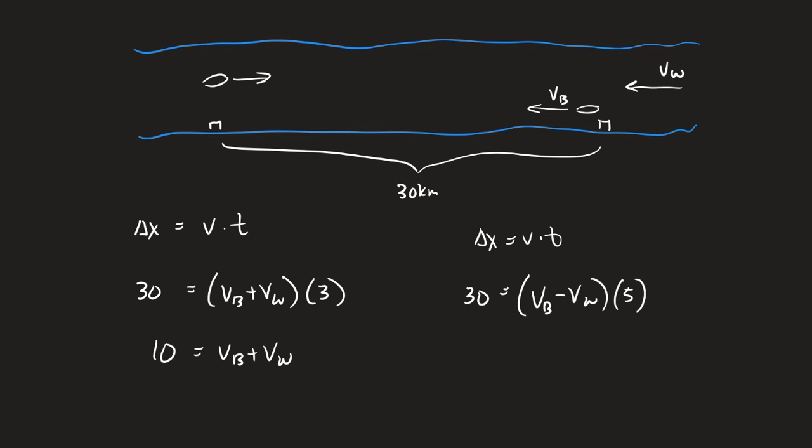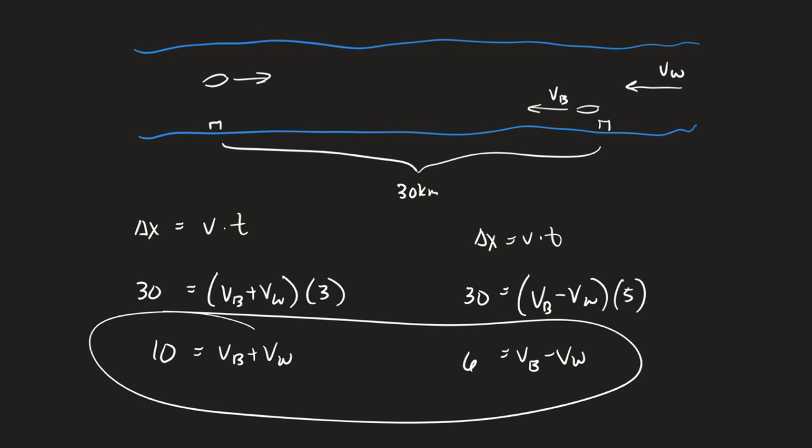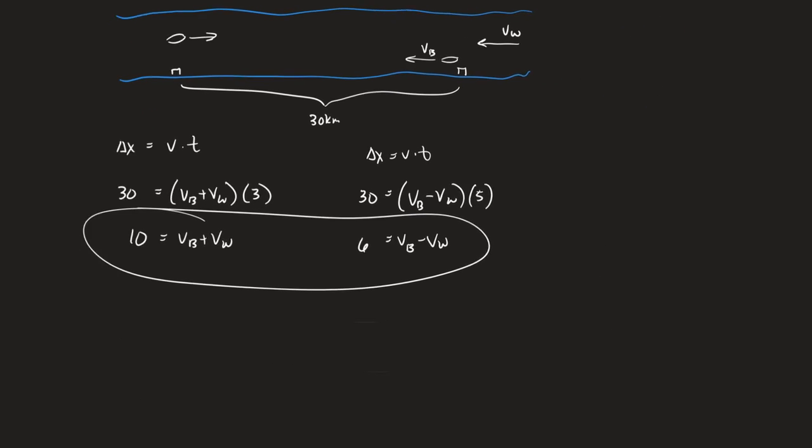Is that okay so far? So 30 divided by 5 is 6. Still okay? 2 equations, 2 unknowns. I can figure out the velocity of the boat from there.